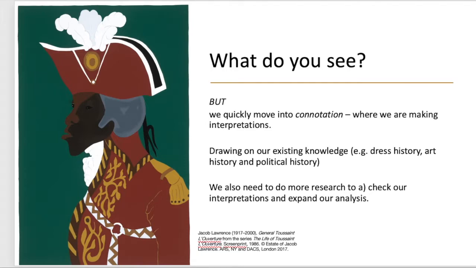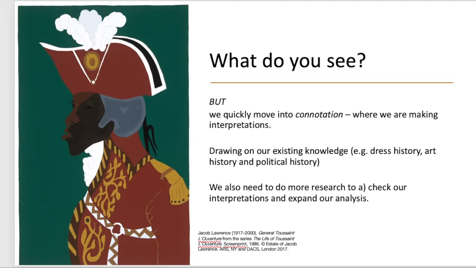So, as you can see, I moved from denotation, so describing the image, quite quickly into connotation, where we are making interpretations. By drawing on our existing knowledge, so that can be here dress history or art history and political history, this is how we also then need to do some more research.